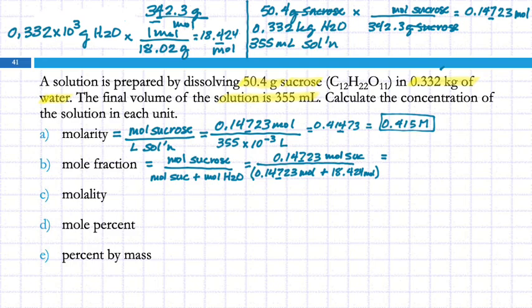So we'll just go with that here. 0.0079279, and that would round to 0.00793. There is no unit on mole fraction because we have moles divided by moles, and so the units cancel out.